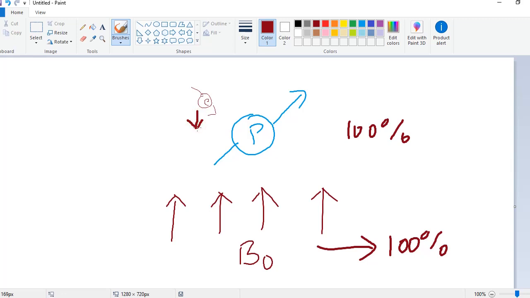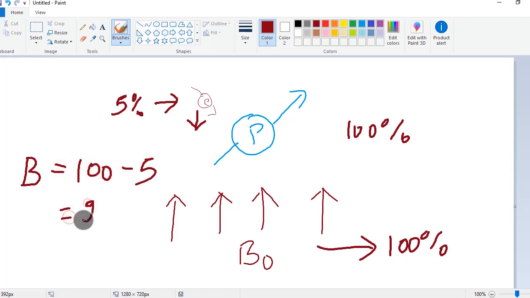However, the electron has a mass which is extremely negligible, so the force with which it opposes will not be the same. Let us assume the opposition by the electron is 5%. So the resultant magnetic field that the proton experiences is 100 minus 5, only 95% of the magnetic field reaches it.